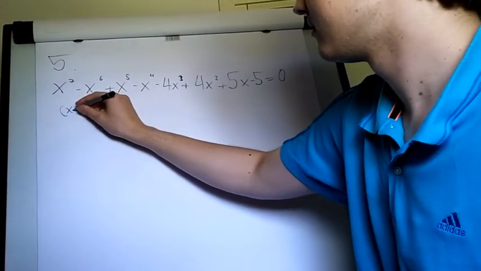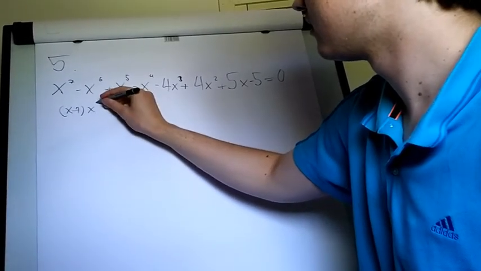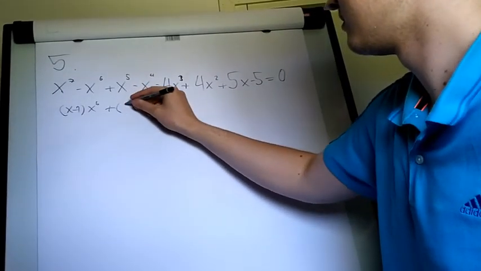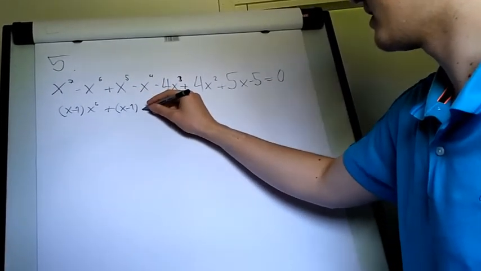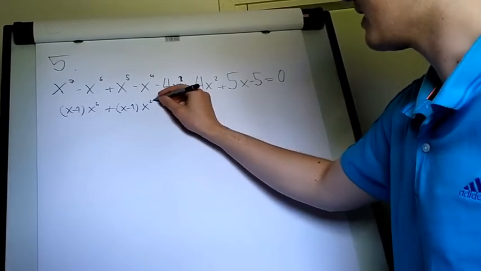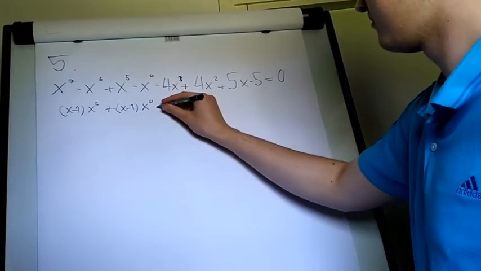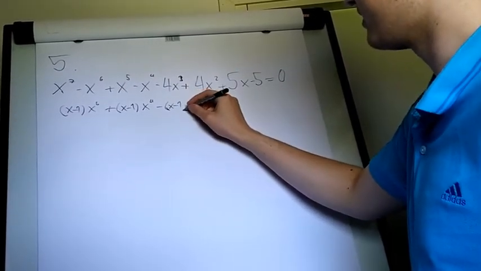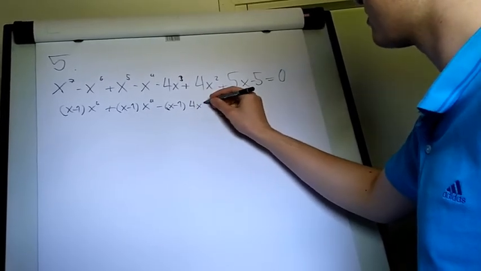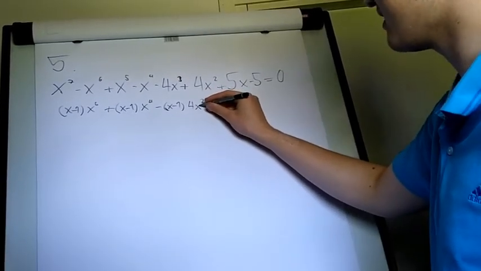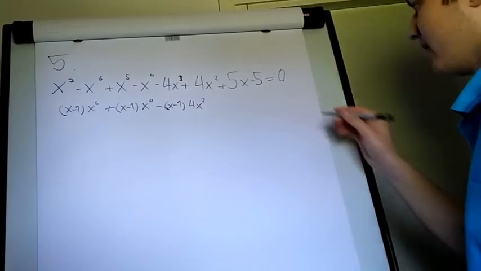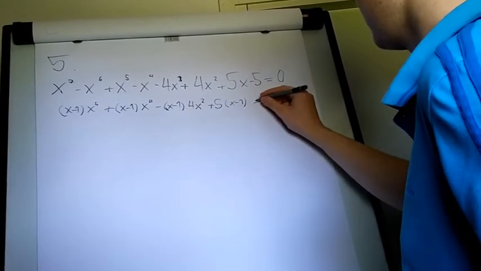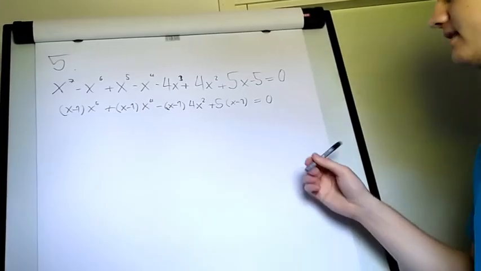So we have x minus 1 times x to the 6th plus x minus 1 times x to the 4th minus x minus 1 times 4x squared plus 5x minus 1 equals 0. And we get this.